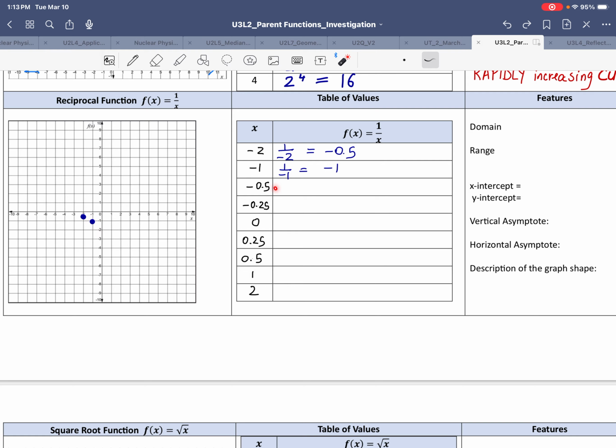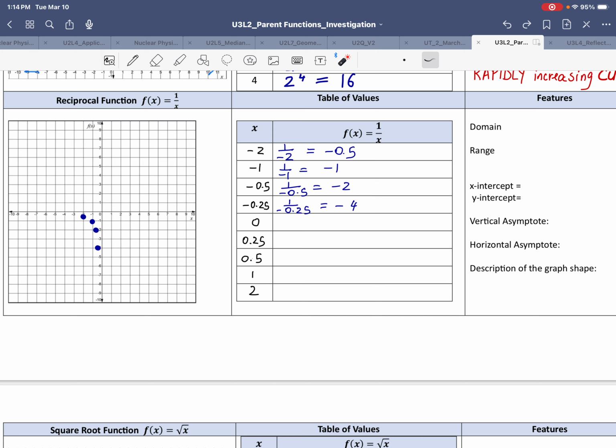When x equals negative 0.5, then we'll have 1 over negative 0.5. Use a calculator for this, or think of negative 0.5 as negative 1/2. So division turns into multiplication, so that's negative 2. So negative 0.5, negative 2. We're going to try negative 0.25. So x is negative 0.25, the y value will be negative 4.